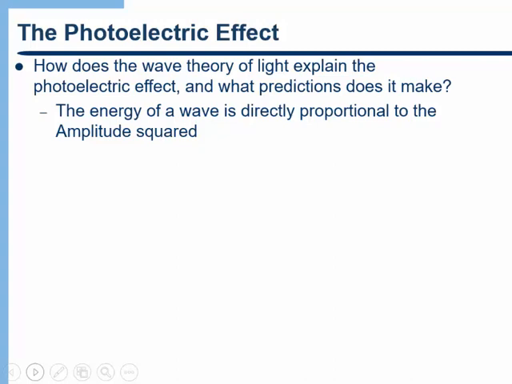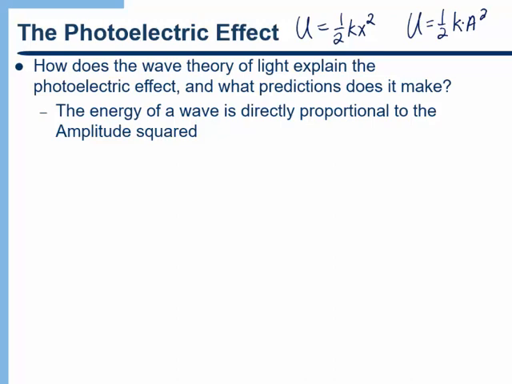The first thing you need to remember is that the energy of a wave is directly proportional to the amplitude squared. Let me just kind of remind you why that's the case. We know that in simple harmonic motion, the potential energy is 1/2 kx squared. And therefore, if we think about the total energy in anything that's oscillating, the total energy is 1/2 k A squared, where A is the amplitude.